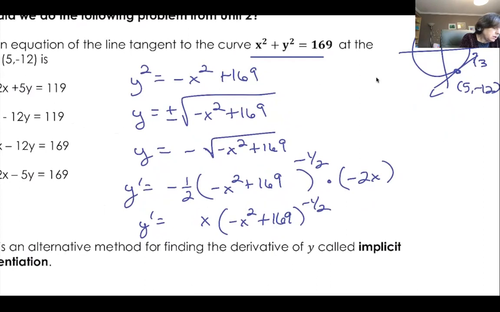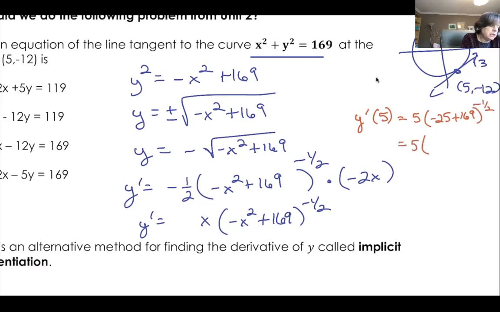So let's maybe switch colors here so we can see we're kind of changing here. So y prime at negative 5, not negative 5, sorry, at positive 5. y prime at 5 is 5 times minus 25 plus 169 to the negative 1/2.